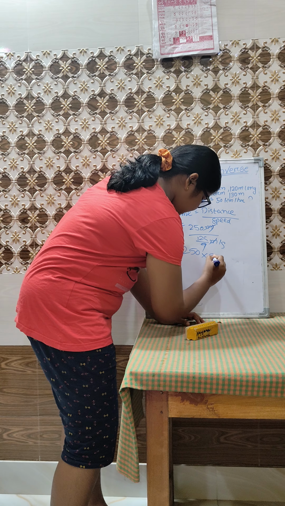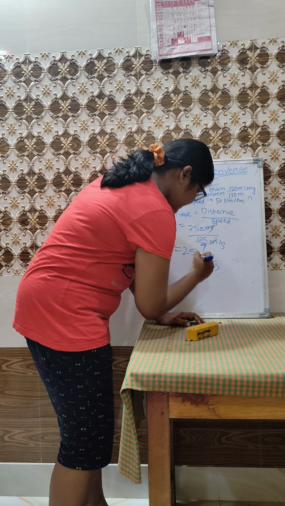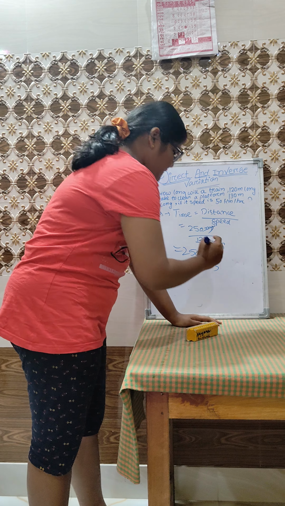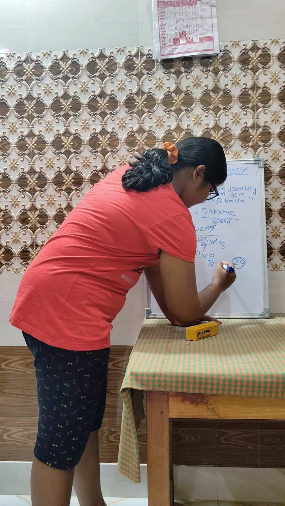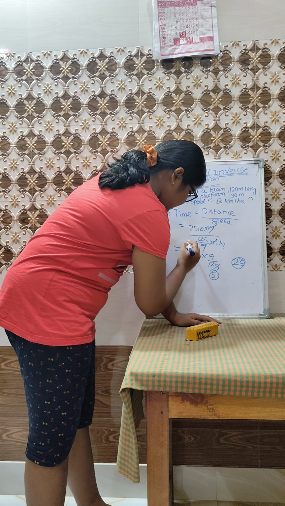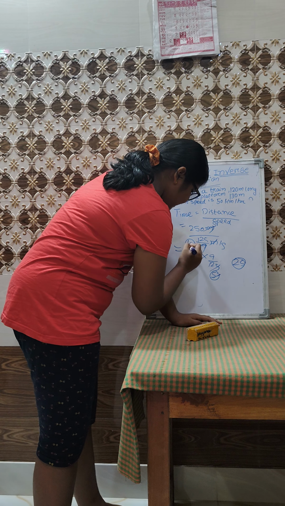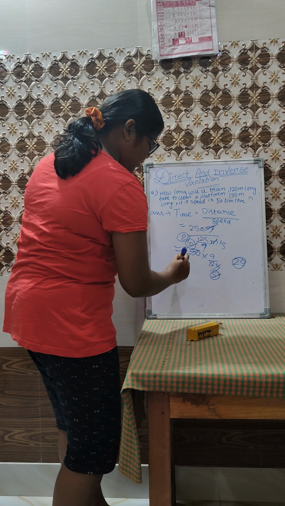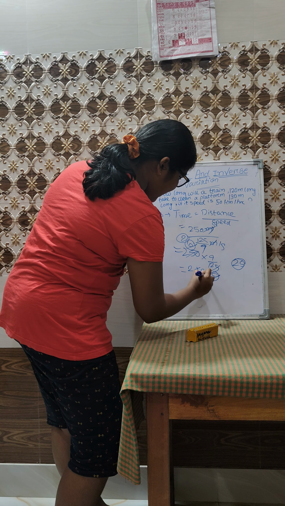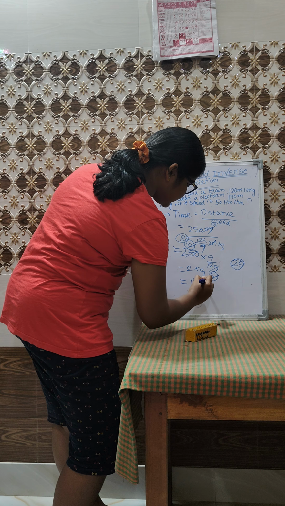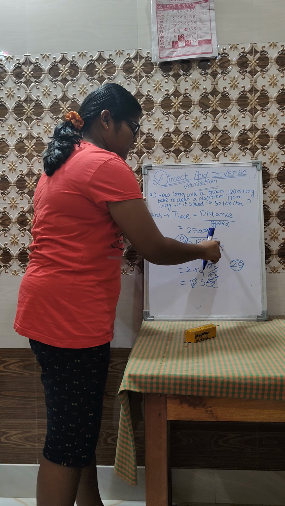So into 9 by 125. So I am cutting this with 25. 25 fives are 125 and here 10. And here 5, 2. Then here 9 and 2 left. 2 into 9 and it is 18 seconds because we are left with seconds.